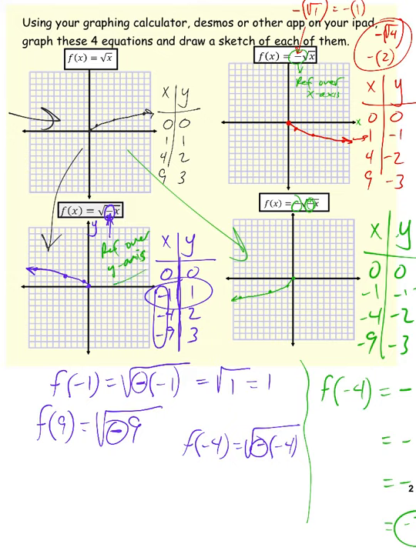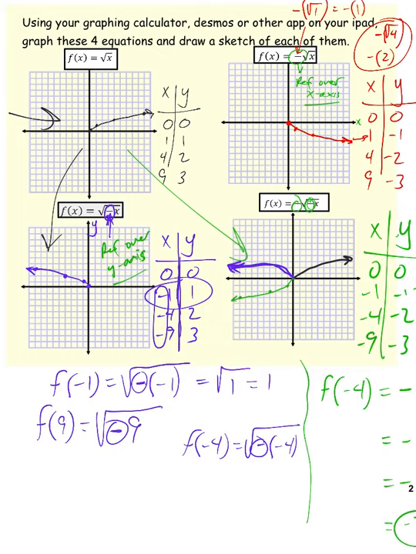And then when we had the negative on the outside, that reflected us over the x. So in essence, we went from starting right here to going to the reflection over the y with the negative on the inside, and then reflection over the x with the negative on the outside. So that's not a very good drawing there.